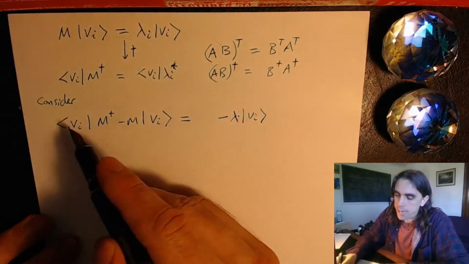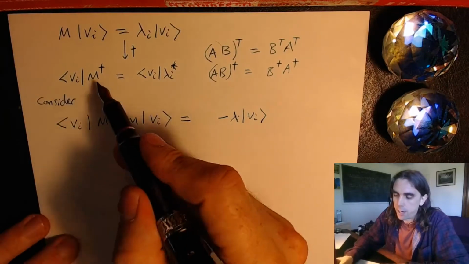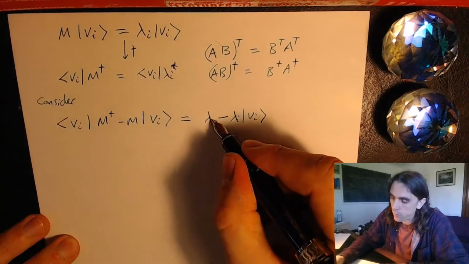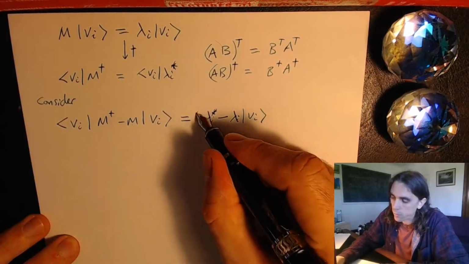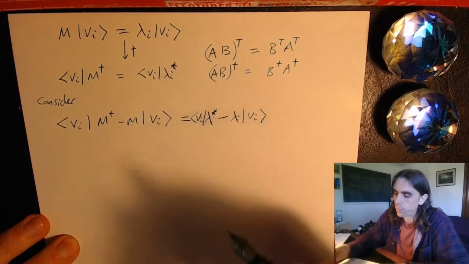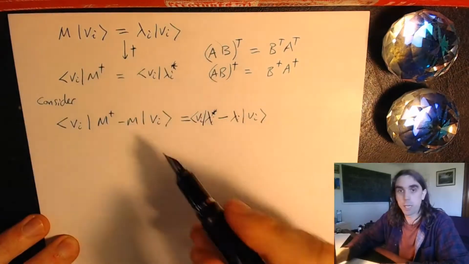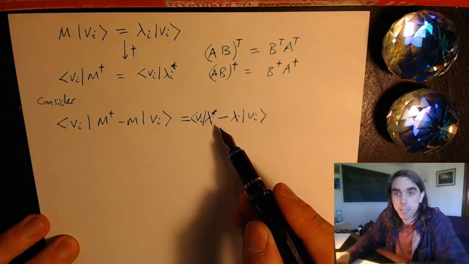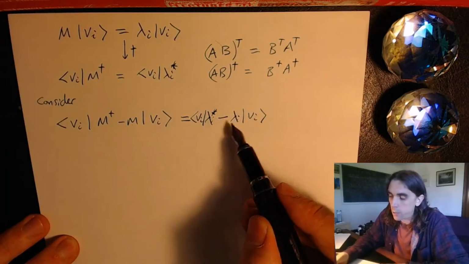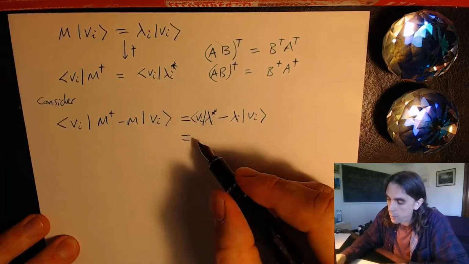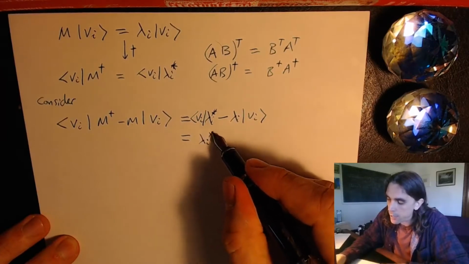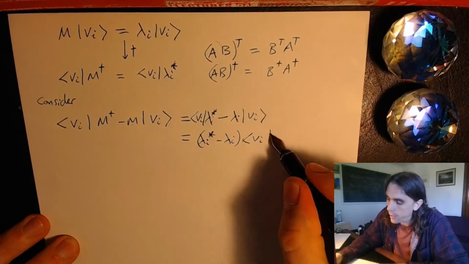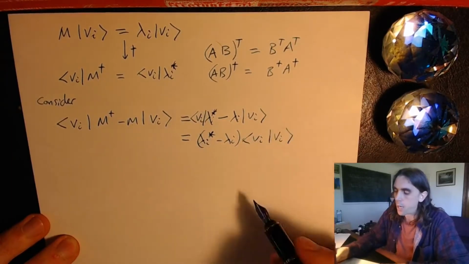And M dagger to the left of v_i, like this, should equal lambda_i star v_i dagger. Okay, so all we've used is the top two relations. But if this is true, well, this thing in here is a scalar, right? It's just one potentially complex number minus another. So we can pull it out to the front, and we have (lambda_i star minus lambda_i) v_i dagger v_i.